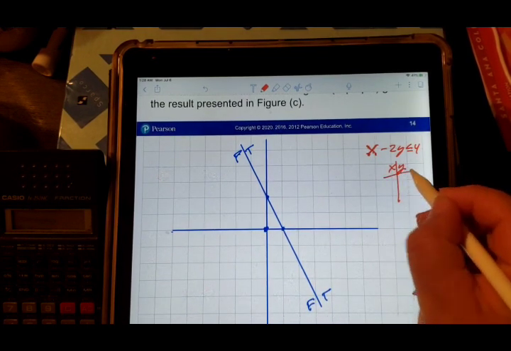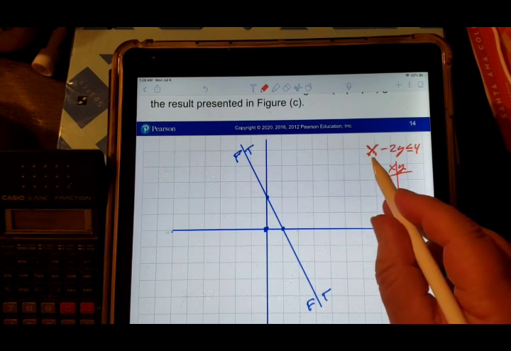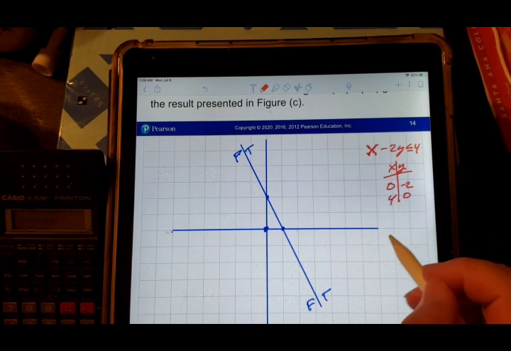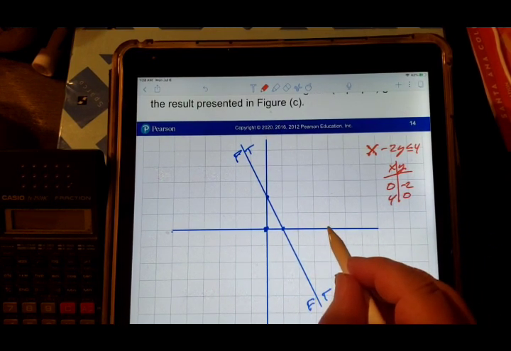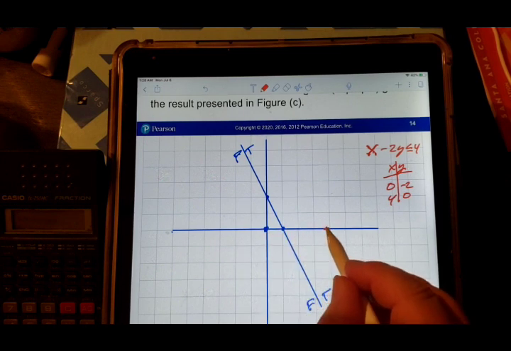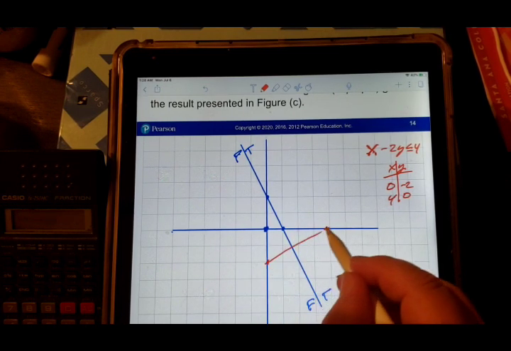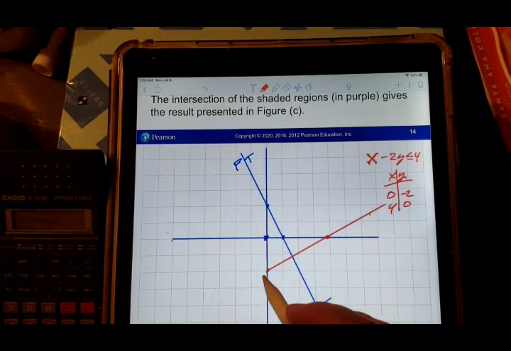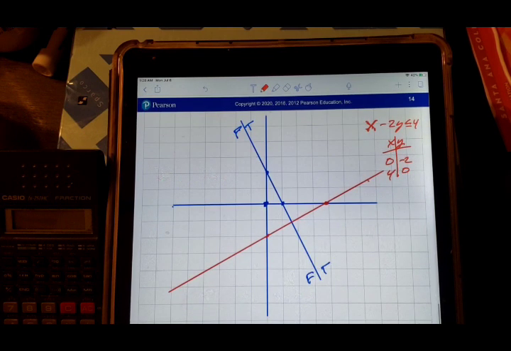Do the same thing, graph it however you graph it. I like to just say x is 0, y would equal -2, and if y were 0, x would equal 4. Well, make it work, okay. There's my graph of that line. And once again, I need to test the points.